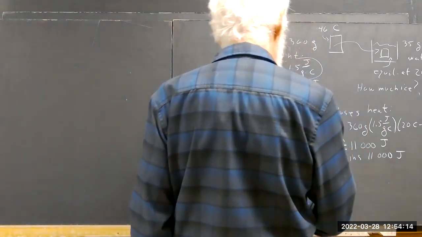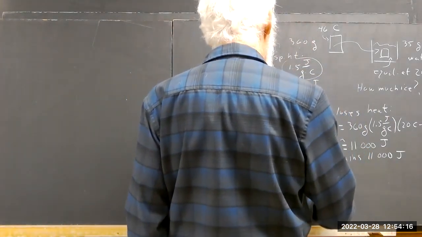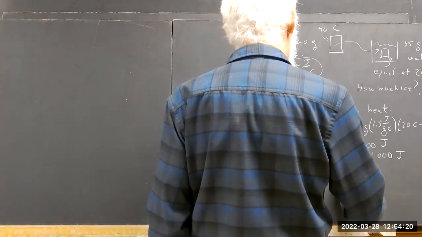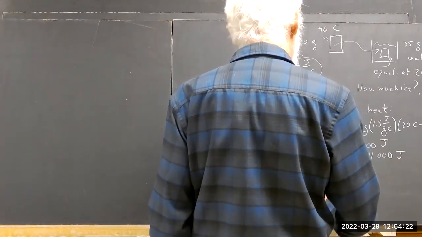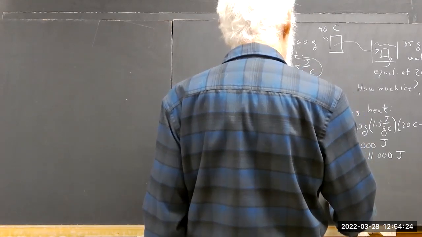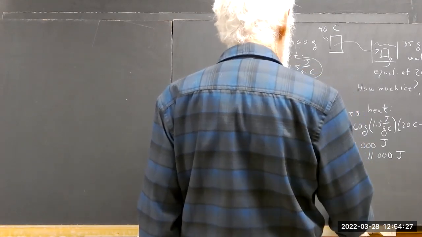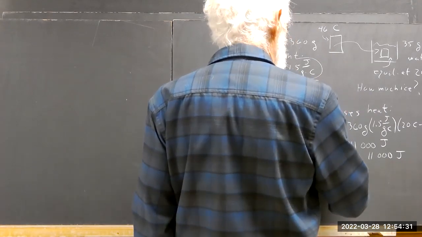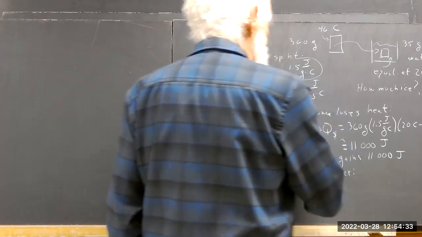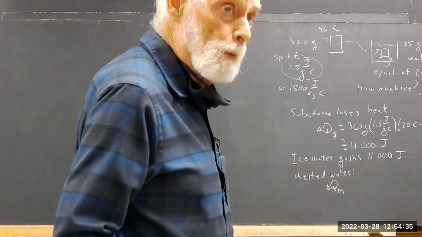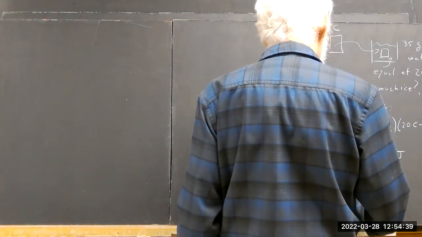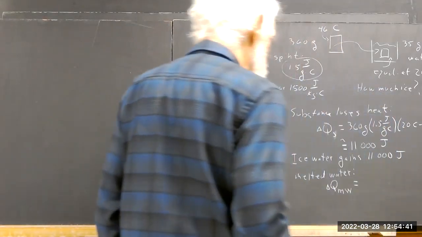Okay. Melted water, call that WQM. Let's call this WQS for substance. WQM for melted water, or MW for melted water, just to make sure we understand what it means.